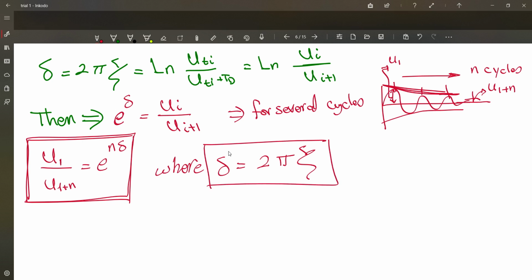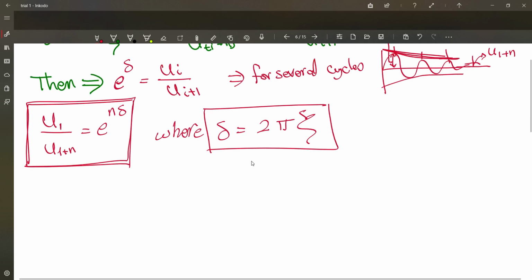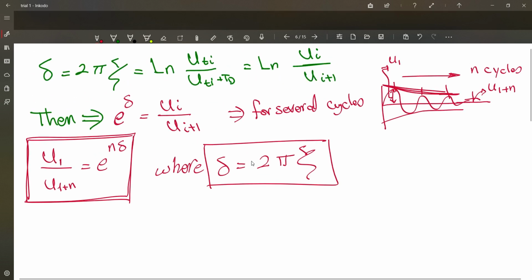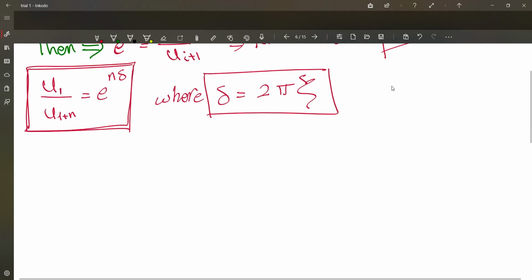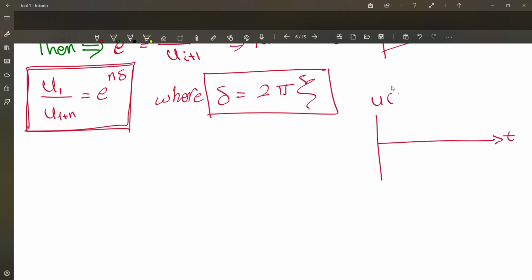And we found something that is very interesting: this is going to work for the displacement or the acceleration. What is the meaning of this? That if we have a relation between t and u of t, it will work for t and u double dot of t, meaning the acceleration.